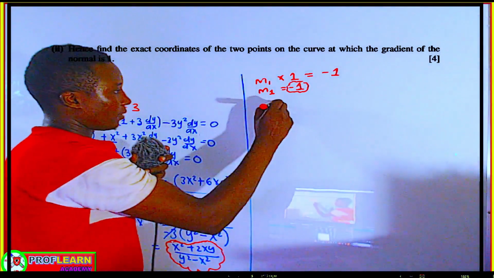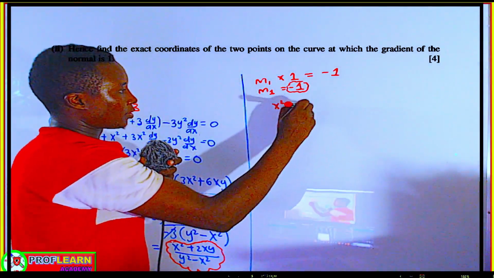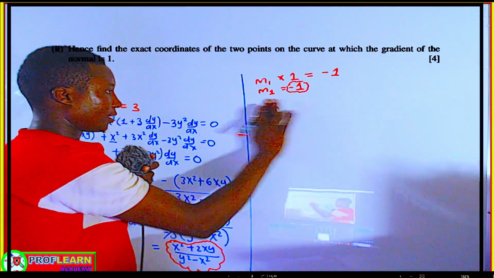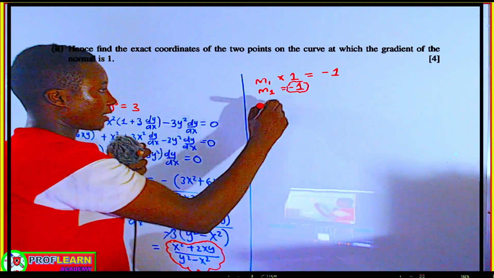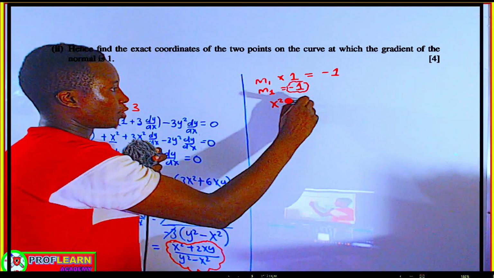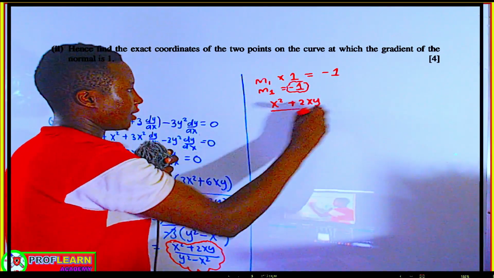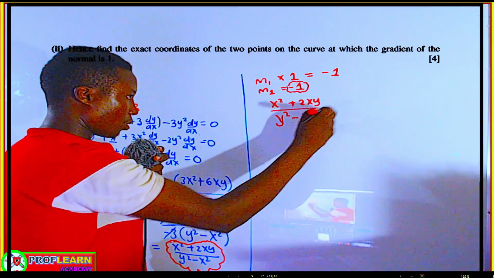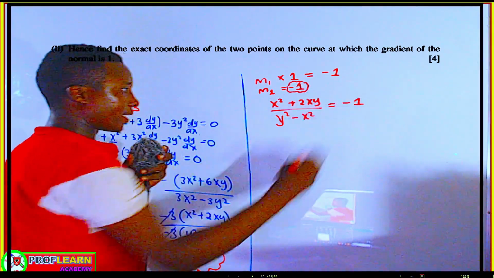So we can say now, this equation is not minus, but it's (x squared plus 2xy) over (y squared minus x squared) equal to -1.